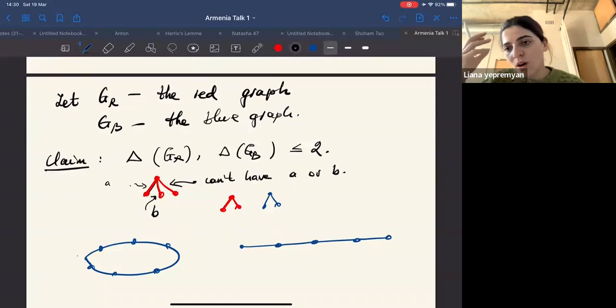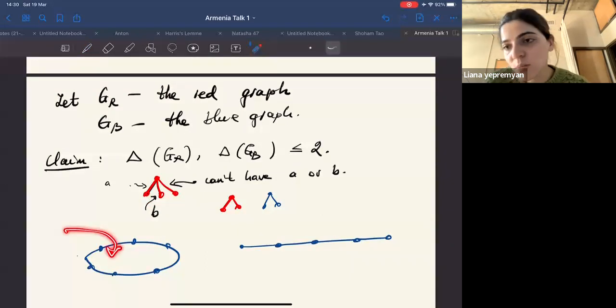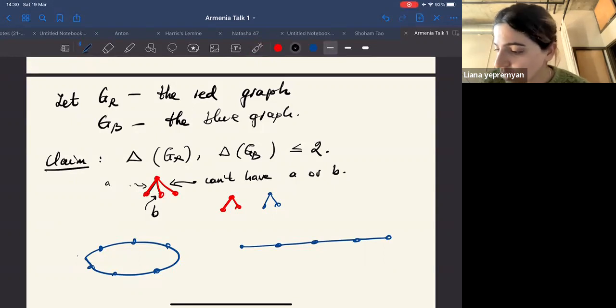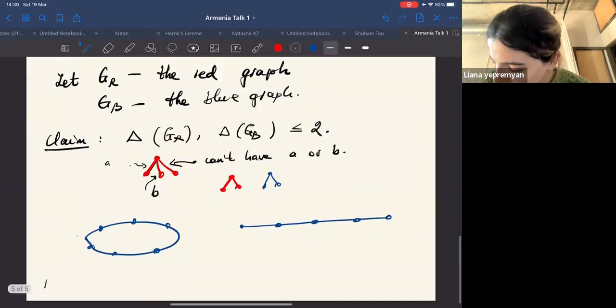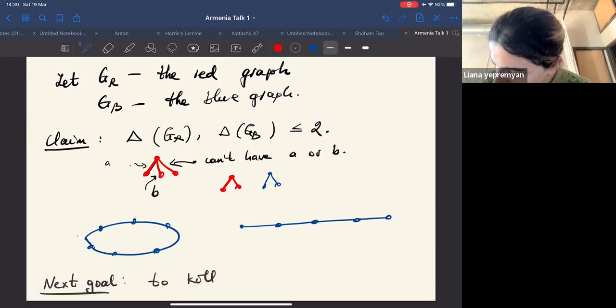Our whole goal was to do this coloring such that we don't see cycles like this. We only see paths. So now I'm gonna try to recolor it so that I break the cycle. Okay, so our next goal is to kill all monochromatic cycles.